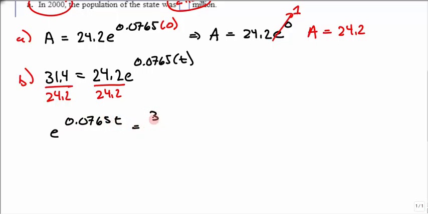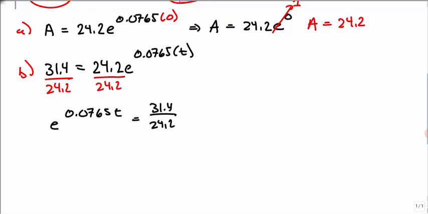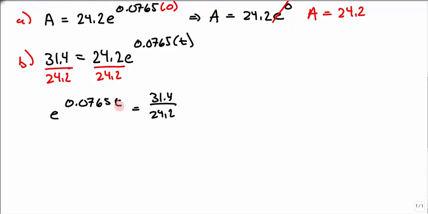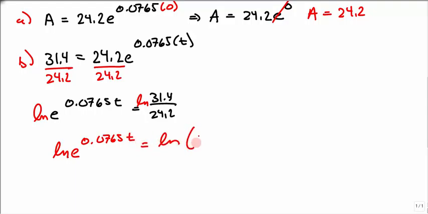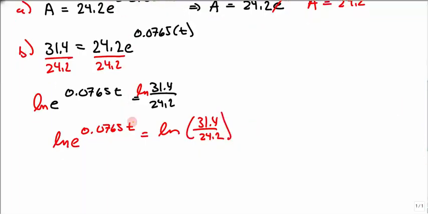So e to the 0.0765t equals 31.4 over 24.2. And then what we can do to get that variable out of the exponent is to take the natural log of both sides. So I have the natural log of e to the 0.0765t equals the natural log of 31.4 over 24.2. Now the whole idea of taking the natural log of both sides is so I can pull the exponent out front.